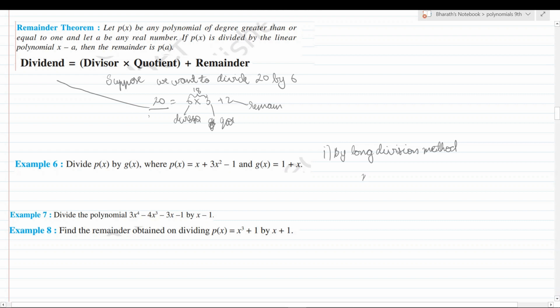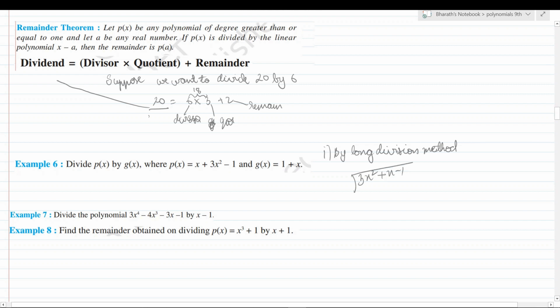Write your quotient here, but you have to rearrange it according to your degree. So just check this out. Rearranging it, 3x square plus x minus 1.